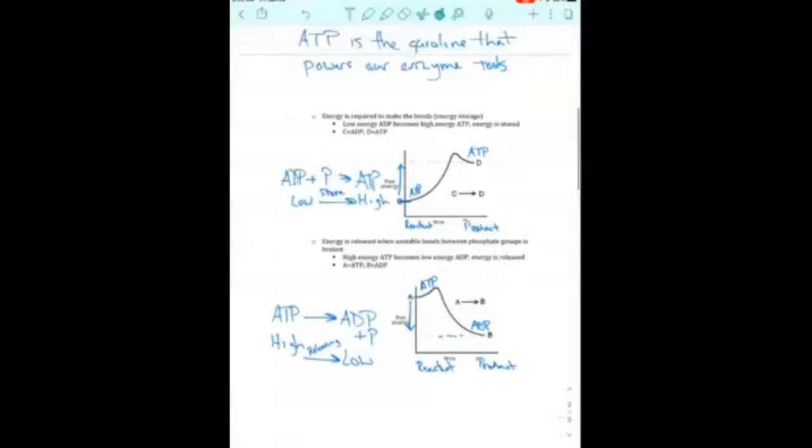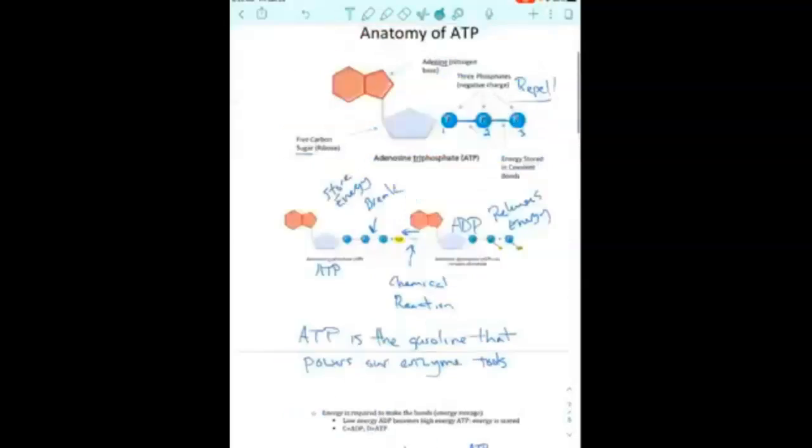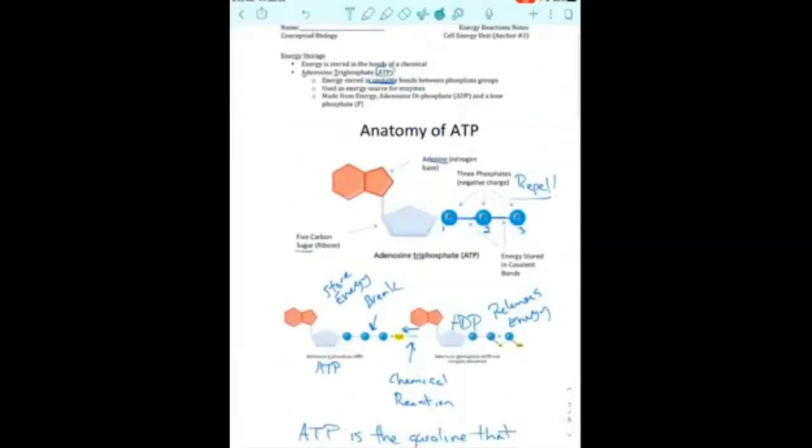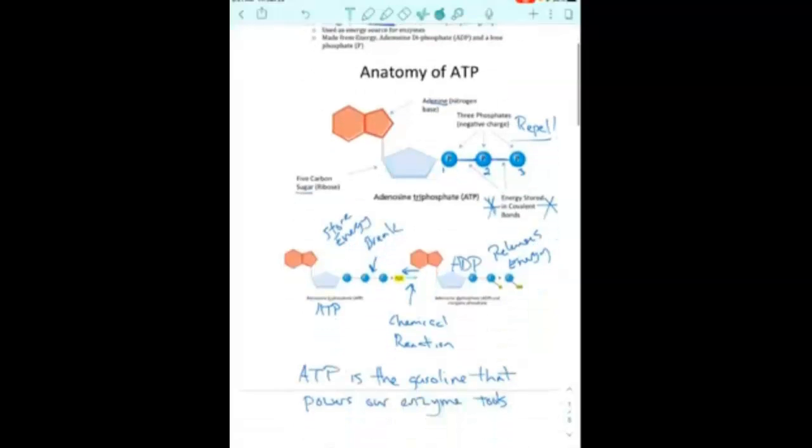Let's just summarize, okay? We said that there's a high energy molecule called ATP. ATP stores energy in these unstable bonds. That energy gets released when we make ADP, which is adenosine diphosphate, and it's stored when we make ATP, which is high energy with 3 phosphates.